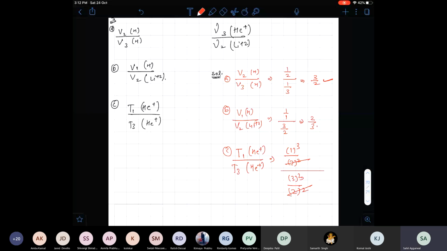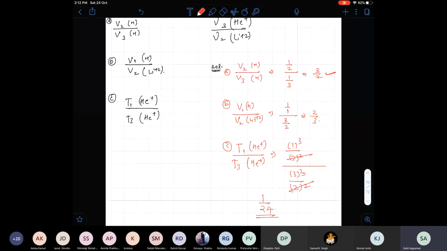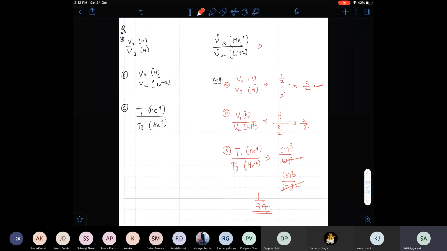Any problem to anyone in this? These are formula based questions. These are directly formula based, very simple questions. You should just know the relation. For this one, frequency is Z square by n cube divided by Z square by n cube.